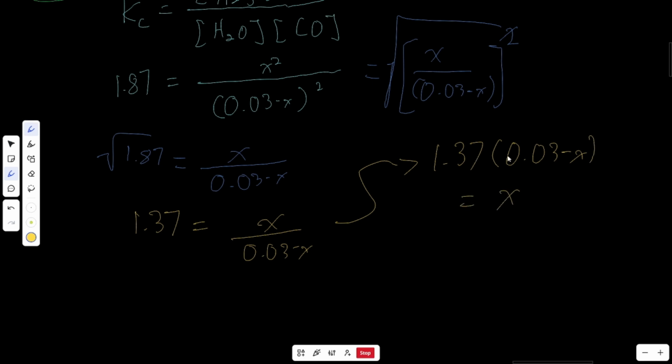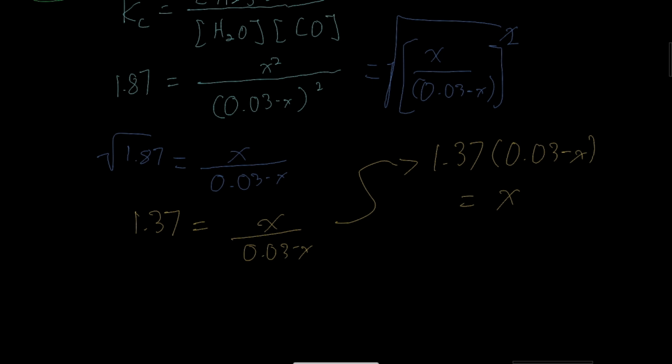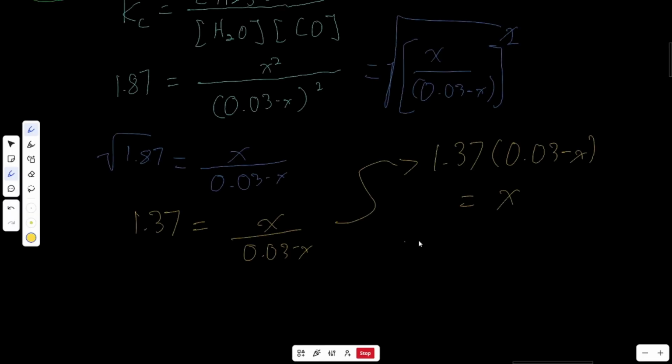Simplifying this side, we have to distribute 1.37. 1.37 times 0.03 is equal to 0.0411. So that's 0.0411 minus 1.37x is equal to x.